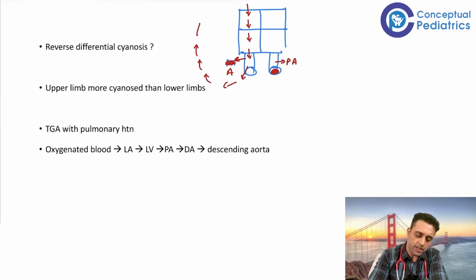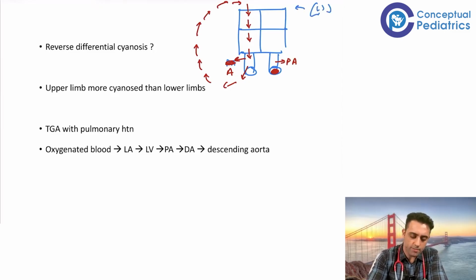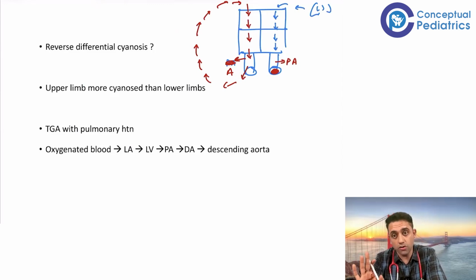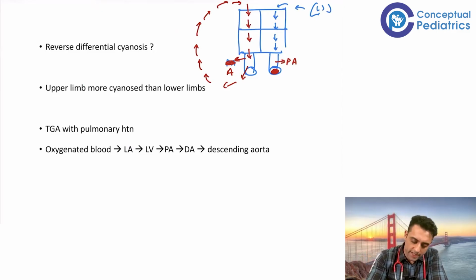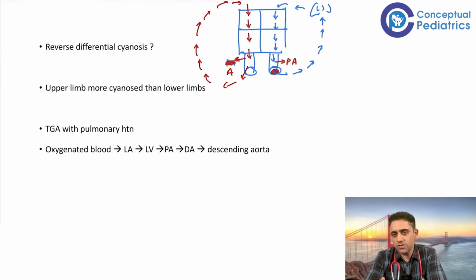From the aorta, the deoxygenated blood goes to the whole body and back to the right side. Whereas on the left side, the happy oxygenated blood enters the left atrium, left ventricle. This oxygenated blood should have gone to the aorta and the whole body, but here it goes to the pulmonary artery, and the pulmonary artery is connected to the lungs. Right? This is the story.